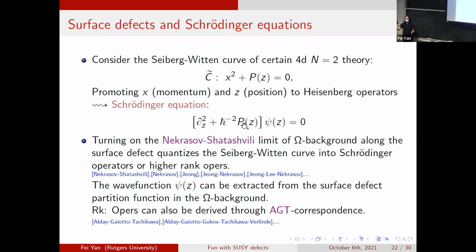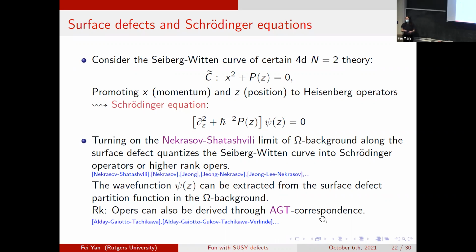Now, of course, I'm omitting lots of important details. For example, one has to fix a quantization scheme to promote this algebraic equation to the Schrödinger equation. And from the gauge theory point of view, there is a canonical way to fix this scheme, namely again by turning on this half Omega background along the surface defect. Or you could derive it from some sort of 4d-2d correspondence called the AGT correspondence.